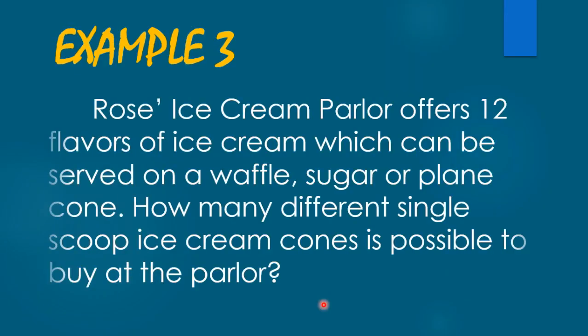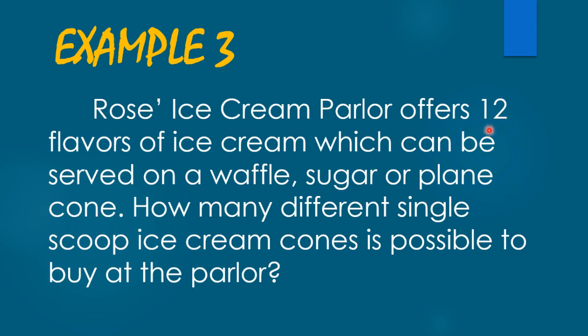So let's have an example. Rose Ice Cream Parlor offers 12 flavors of ice cream, which can be served on a waffle, sugar, or plain cone. How many different single scoop ice cream cones is possible to buy at the parlor? Since we have 12 flavors of ice cream, we can have 12 flavors in a waffle, or it could be served in a sugar or in a plain cone.